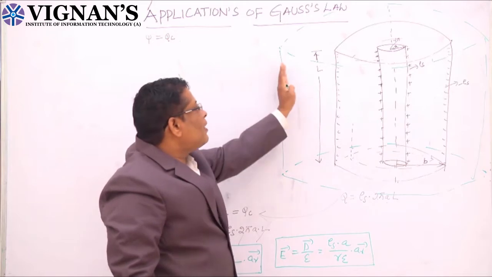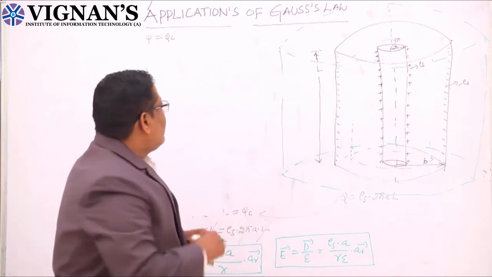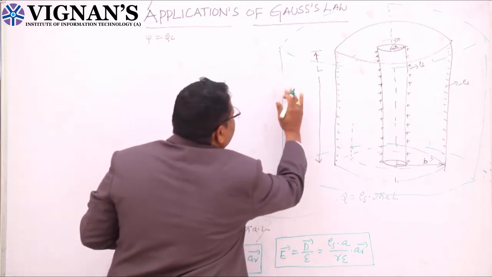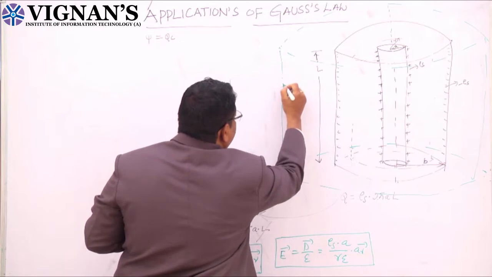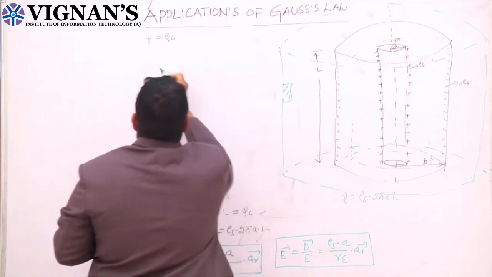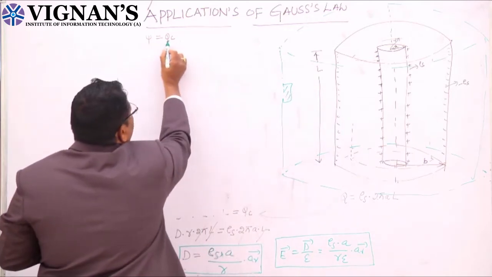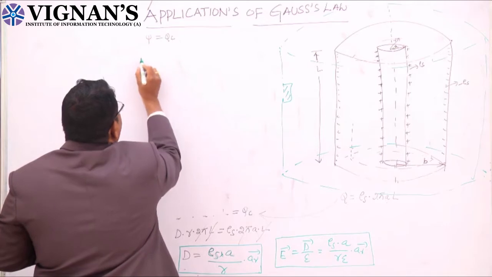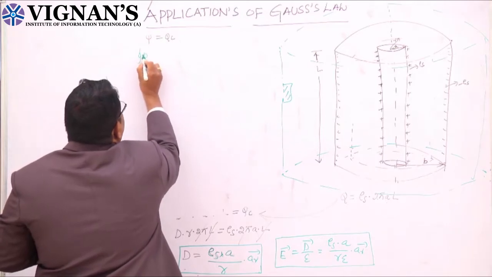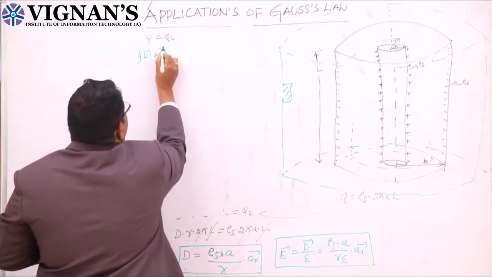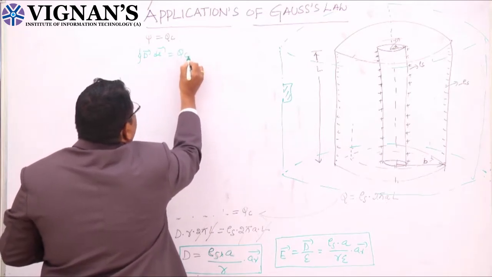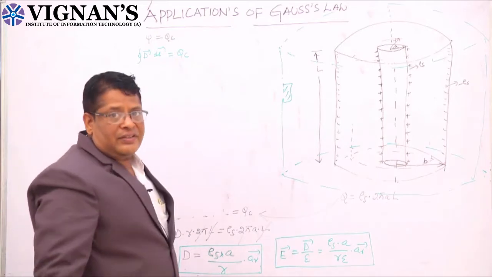Now again you apply Gauss law. The amount of flux leaving from the Gaussian surface, this is the Gaussian surface, equals Q enclosed. You can write it as the surface integral of D bar dot dS bar equals the charge enclosed by the Gaussian surface.